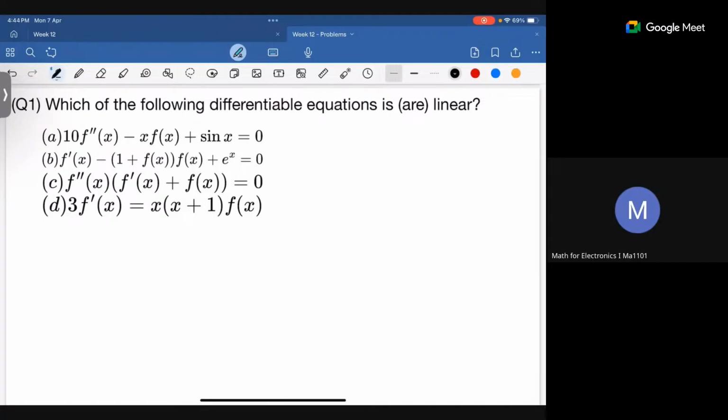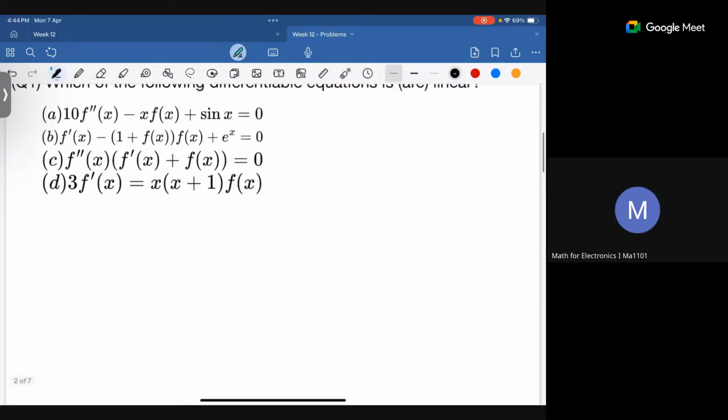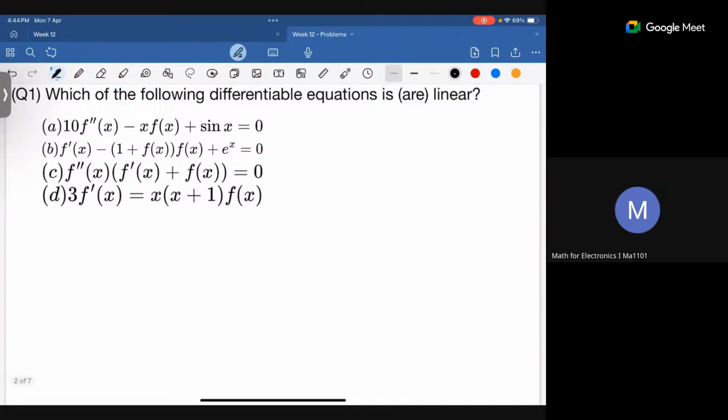Option A, is this a linear differential equation? You can type if you don't like to unmute and talk. Anybody? Okay, so what is the general form of a linear differential equation? It will be of this form, right? So f, some k times differentiated.